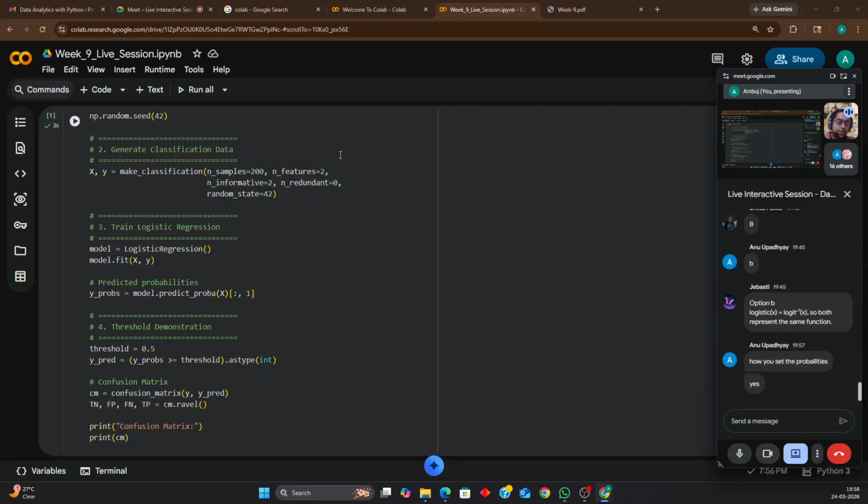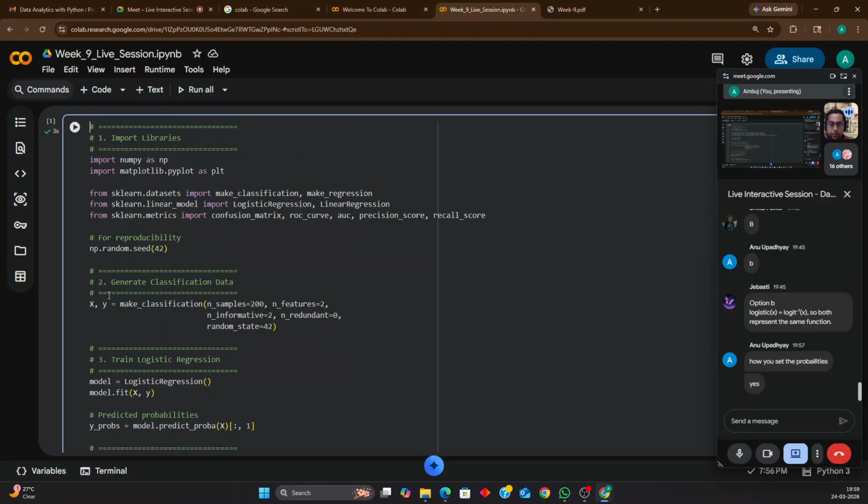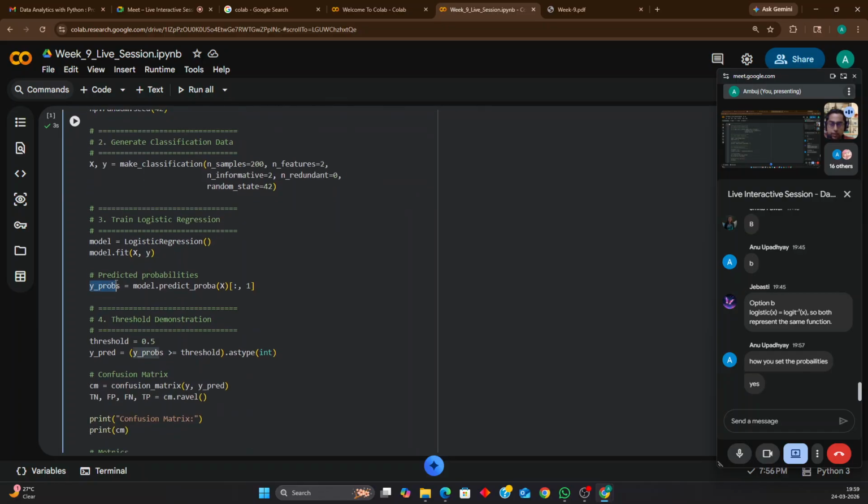The relationship will be fitted between y and x, and then the probabilities will be calculated, the probabilistic value of predicted y.